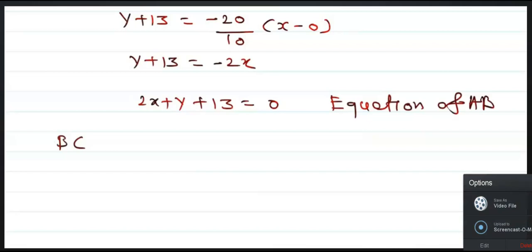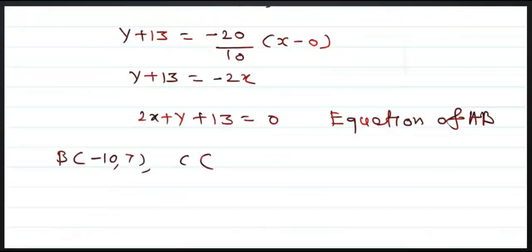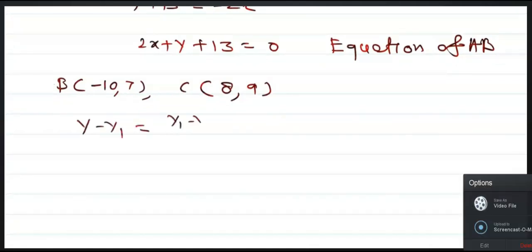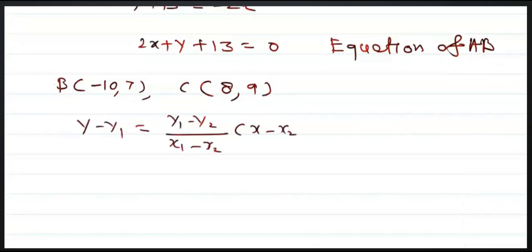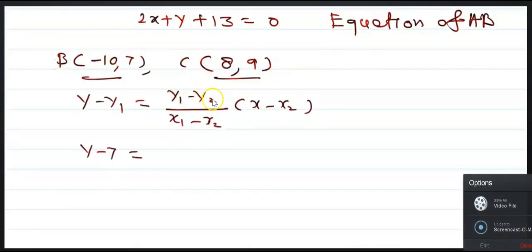Now the BC. B is minus 10, 7. C is 8, 9. Now again find out the slope of this BC, that is y1 minus y2 upon x1 minus x2, and again apply the slope point form, that is y minus y1 is equal to the slope in bracket x minus x1.